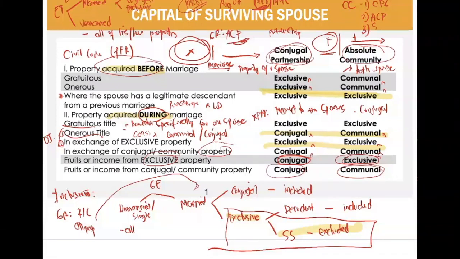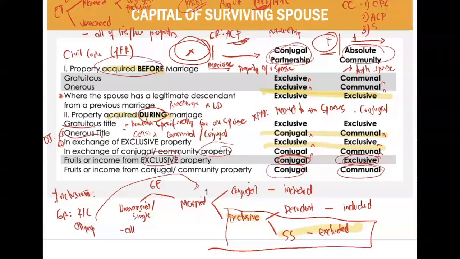So ang kailangan ninyong unahin dito is to determine the property. So once you determine the property, you determine whether that property is considered conjugal partnership or absolute community.